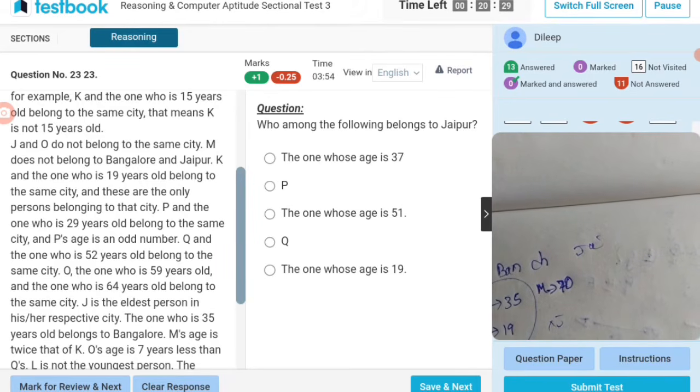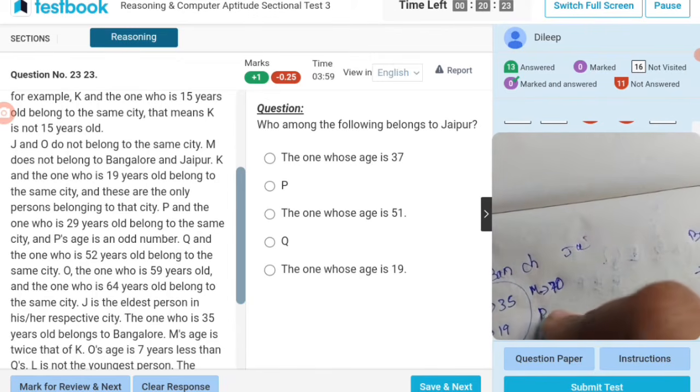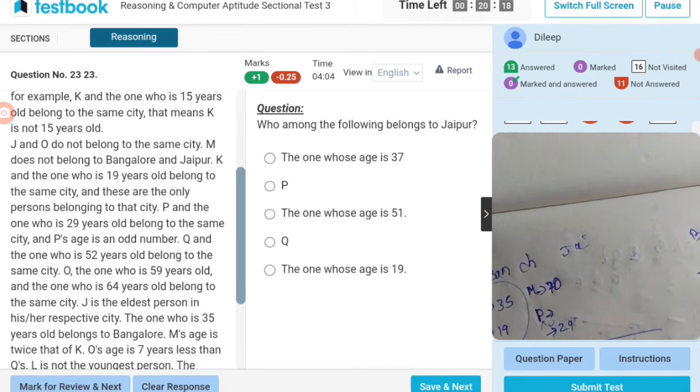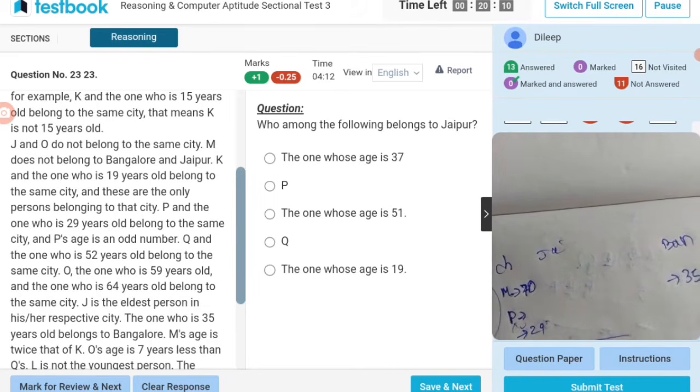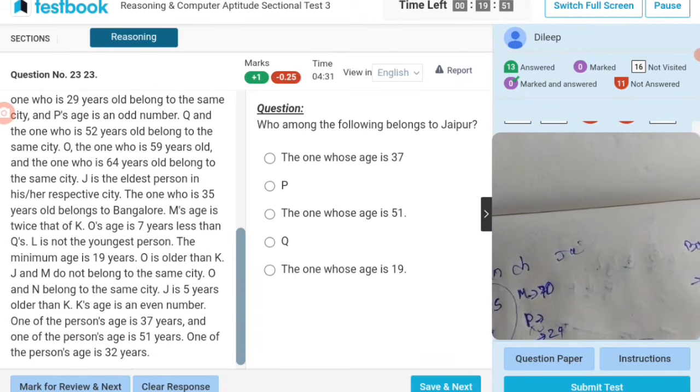So here P and the odd number K, 35, 90. P and 29 are in the same city. Is odd.